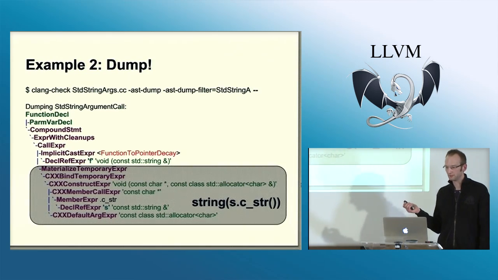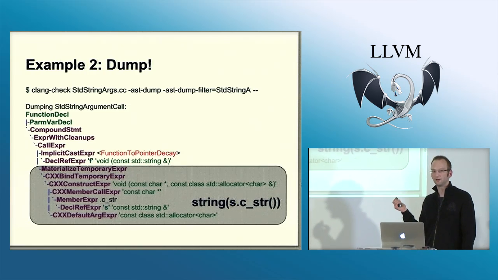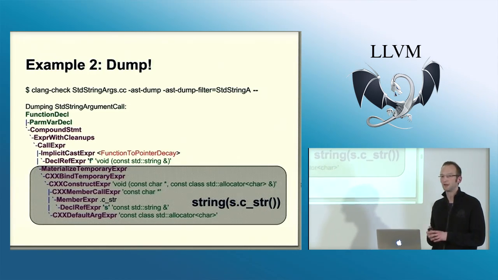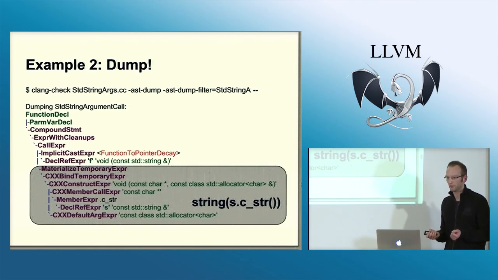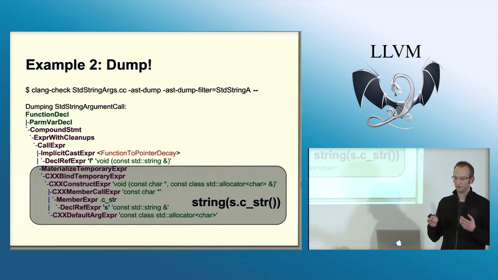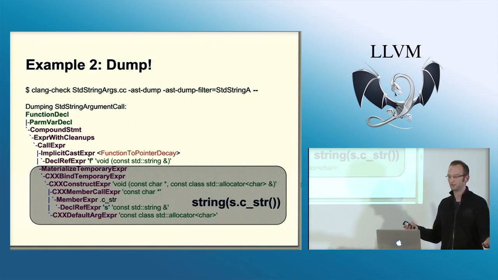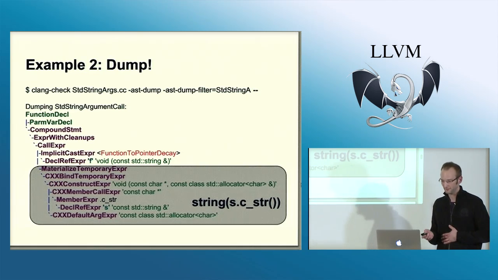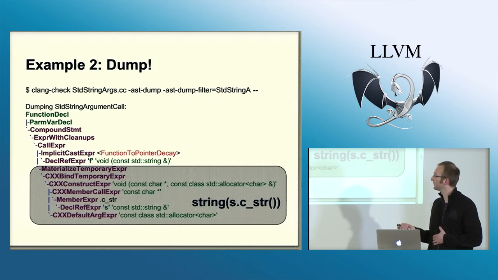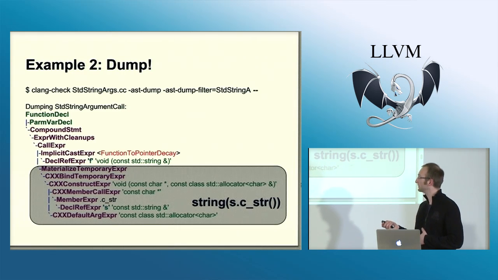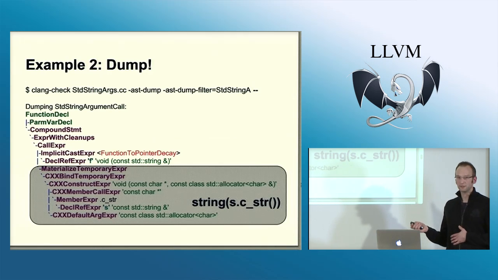Then around that, and that's why the ASTs are so huge in C++, there's always implicit stuff going on, right? In this case, there's an implicit construction of a string, because the function that we're calling actually takes a string reference. So now there's the MaterializeTemporaryExpr, a CXXBindTemporaryExpr, and in that is the CXXConstructExpr.